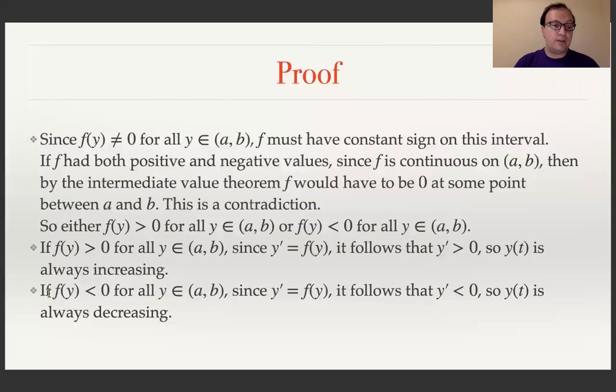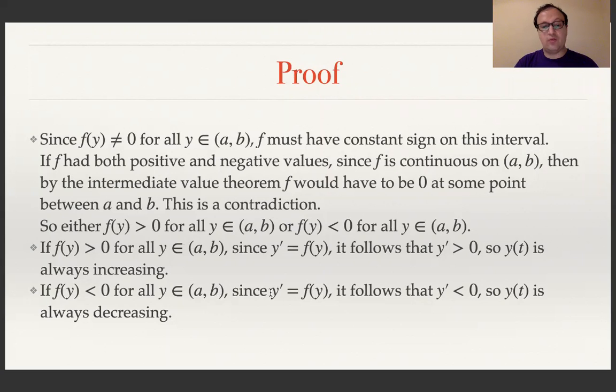In the same manner, if f of y is always less than 0 in the interval AB, since our solution only takes values in the interval AB, this means that f of y is always less than 0 for our solution y of t.